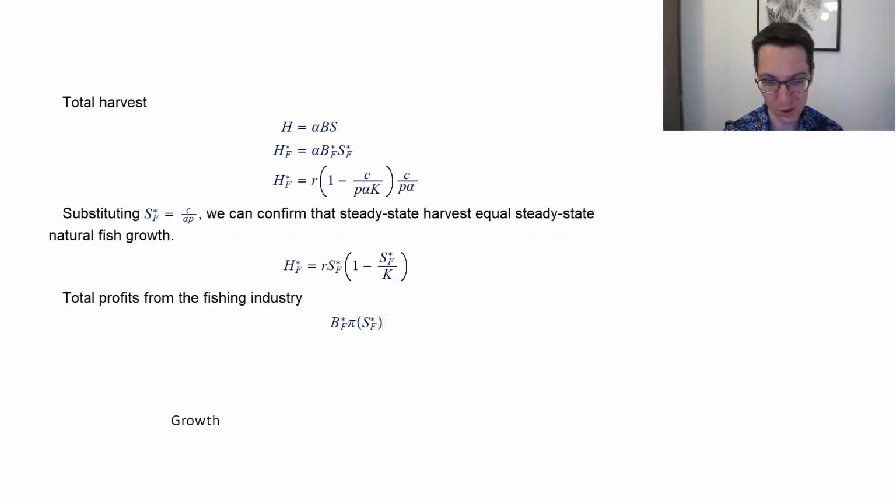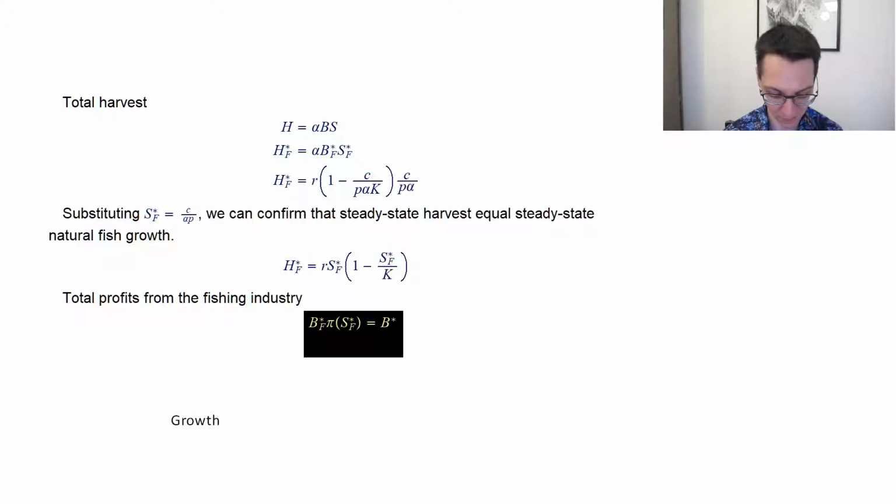That's a function of S star F, the steady state stock of fish. And it's simply going to be equal to B star F times 0. So it's going to be equal to 0.